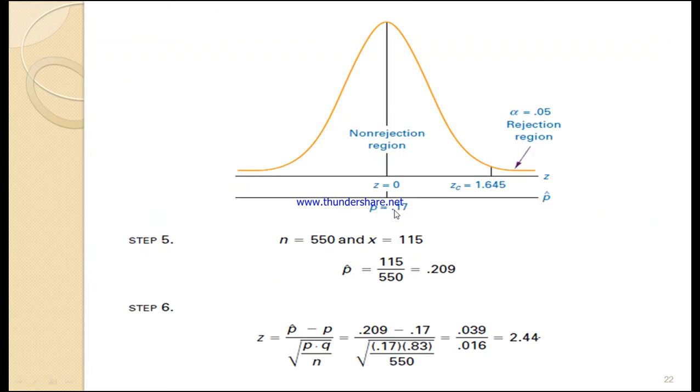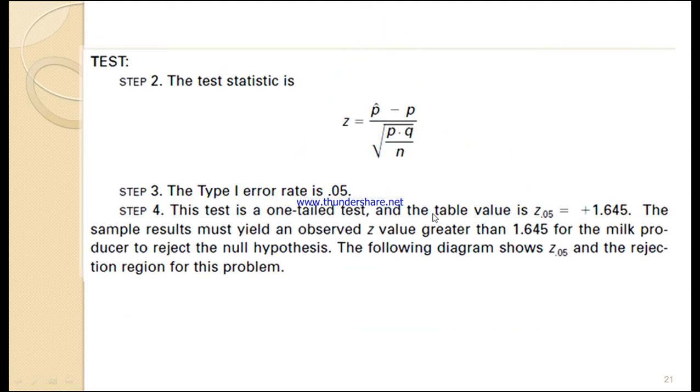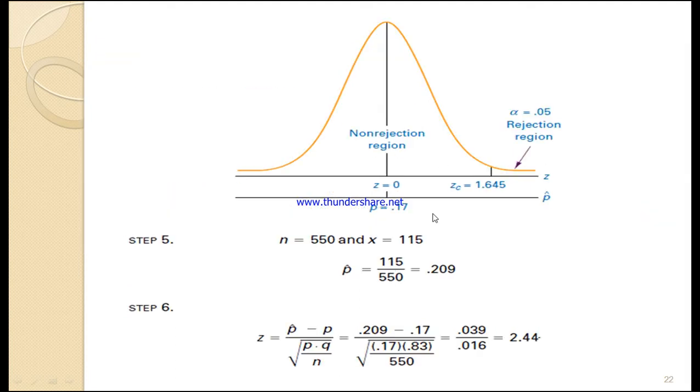Population proportion is 0.17. At 0.17, or the population proportion, Z is 0. And we are testing the hypothesis at a level of significance of 0.05 or 5%. Therefore, the critical Z value is 1.645.